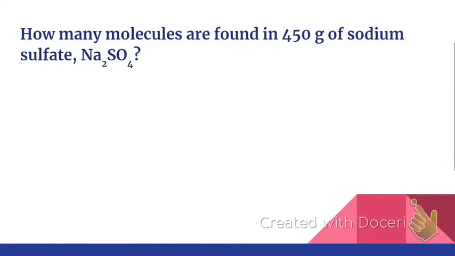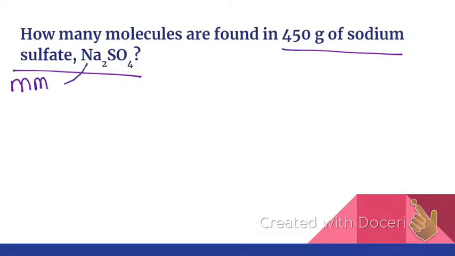So in this next one, the given is the 450 grams of sodium sulfate. So right off the bat, because I'm starting with grams, the only thing I can do to move forward is I need to calculate molar mass of it. So the molar mass is based on our formula here. So I have sodium, and there are two of them.